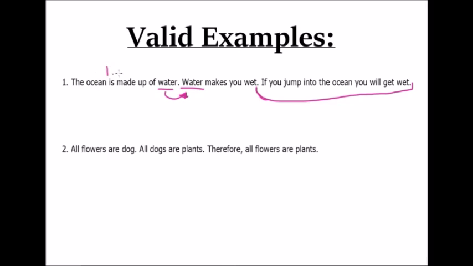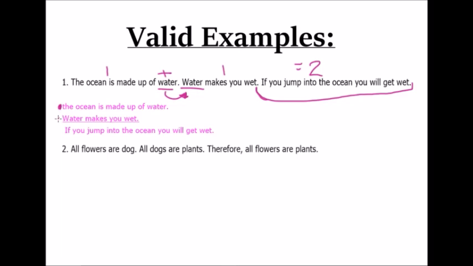And by this and this, here's your kind of adding scenario. So we'll set it up in standard form. This is what it will look like: here's your first, second, and then your conclusion.